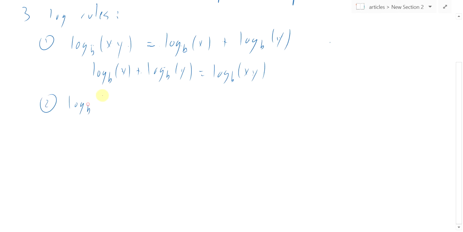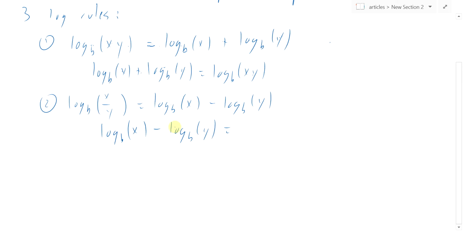Second one, if you have a division inside of a logarithm, you can break it apart into a subtraction, log of the top minus log of the bottom. And of course you can always read it the other way. If you have a subtraction of 2 logarithms, you can bring them together as a division inside of a logarithm.